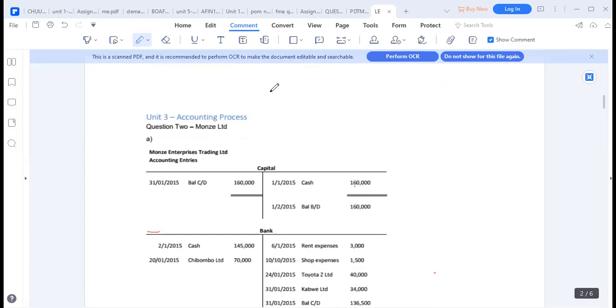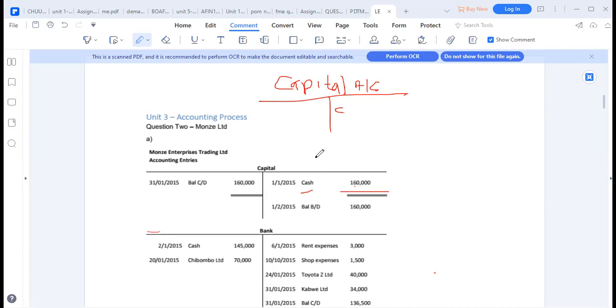From here, we are going to credit the capital account. The capital account is coming from cash, so that's why we have this cash of 160,000 here. This 160,000 came in as cash.